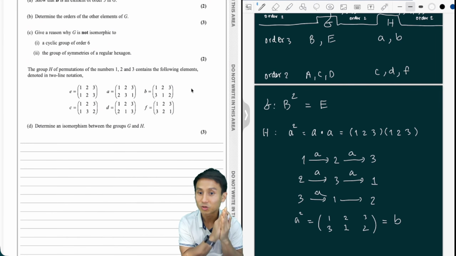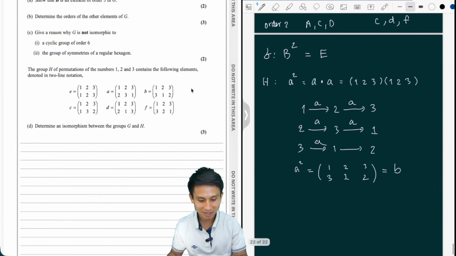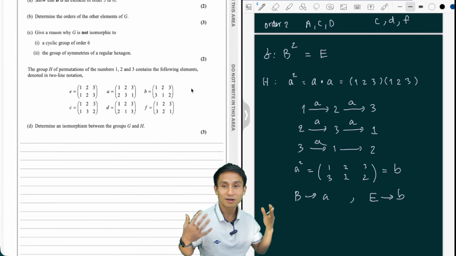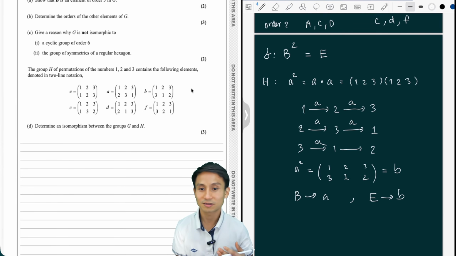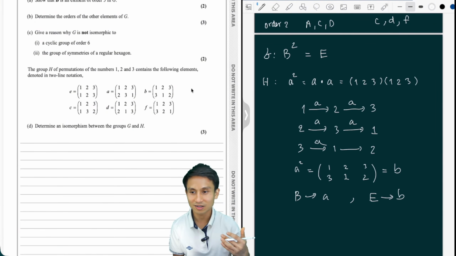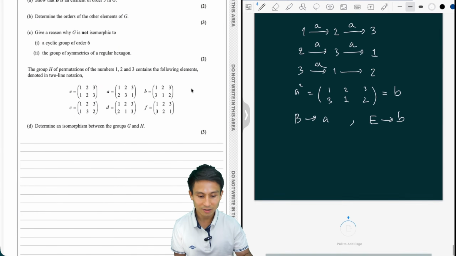You get the permutation B. So we can map now that B will be mapped to A and E will be mapped to B because they have the same behavior. So that's gonna work, right? We can do that. Okay.